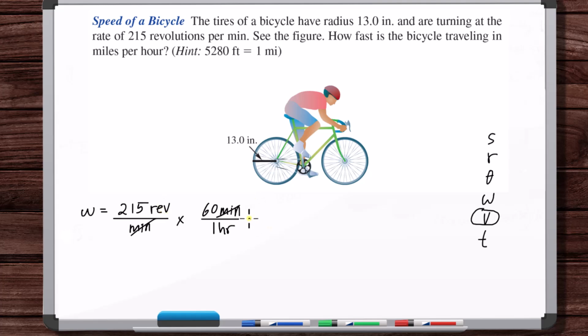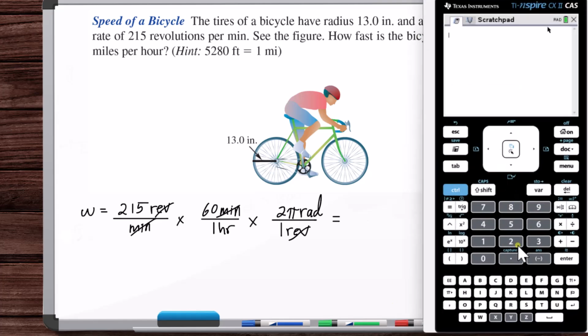Okay, but we want radians per hour. So how do we convert to radians? Well, that's easy, because for every 1 revolution, that's equivalent to 2 pi radians. So now we're in radians per hour. 215 times 60 times 2.